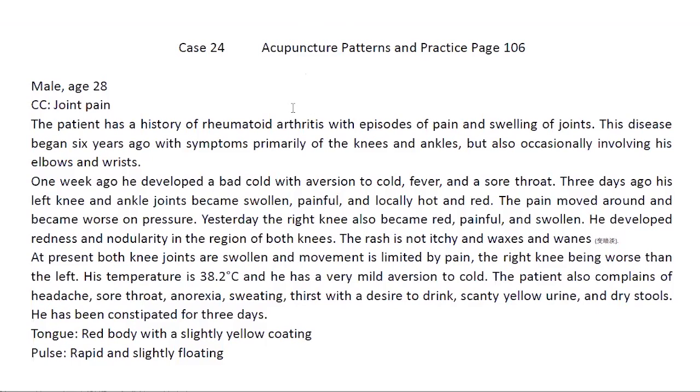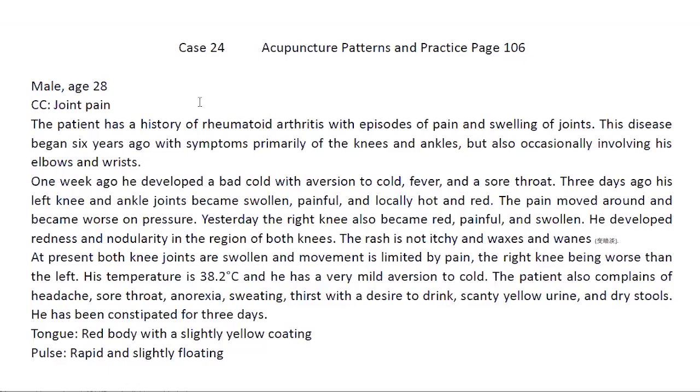So this patient's chief complaint is joint pain. Usually when we make a diagnosis for common cold, we talk about the patient maybe having fever, headache, or a runny nose. So that's the kind of picture there, and we make a diagnosis of common cold if those are the chief complaint.